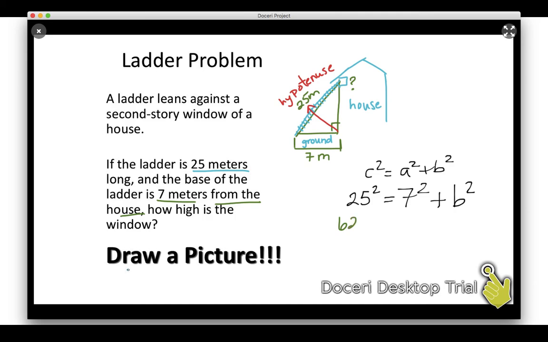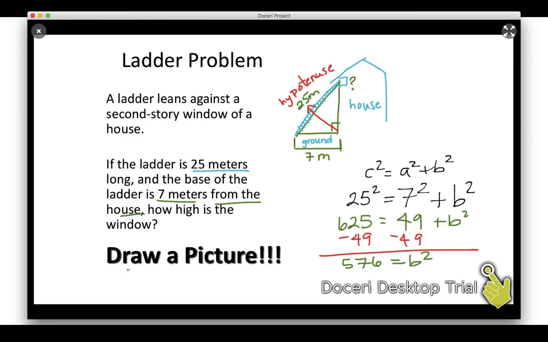So I have 625 is equal to 49, so 7 squared is 49, plus b squared. I am going to subtract 49 from both sides. And I get 576 is equal to b squared.